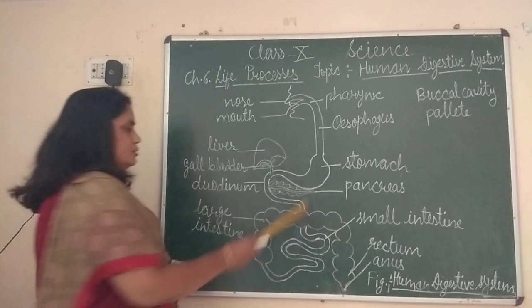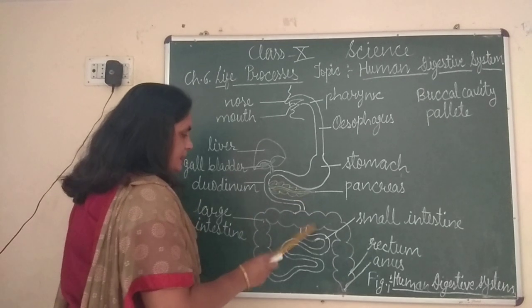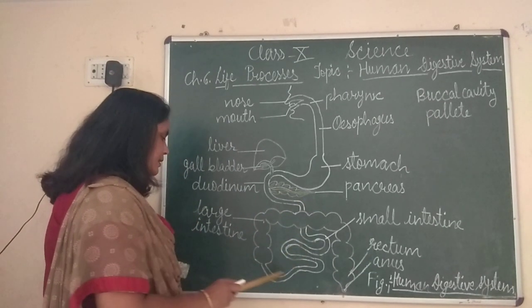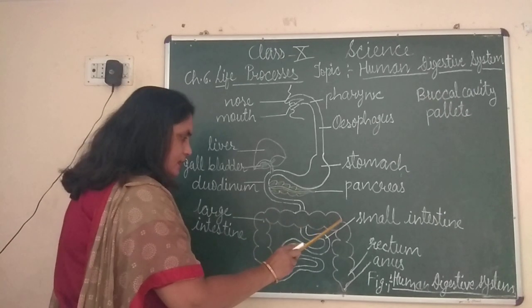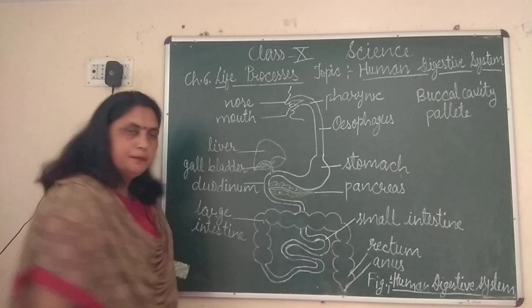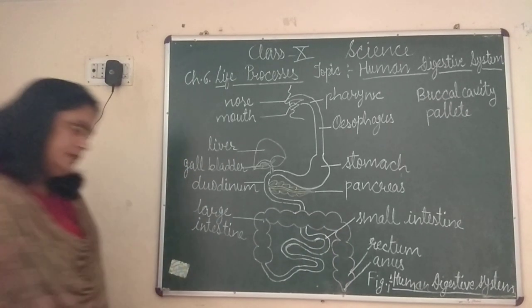Okay, so here it is duodenum and the rest of the small intestine. This small intestine continues into large intestine. Large intestine opens into rectum, and rectum opens into anus outside the body.